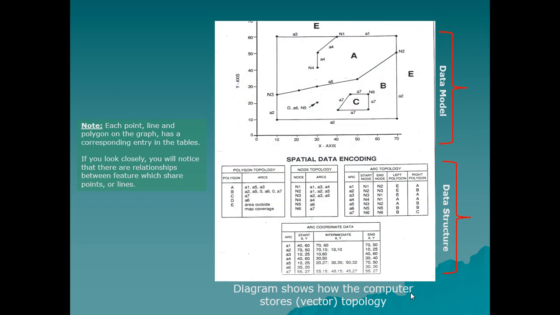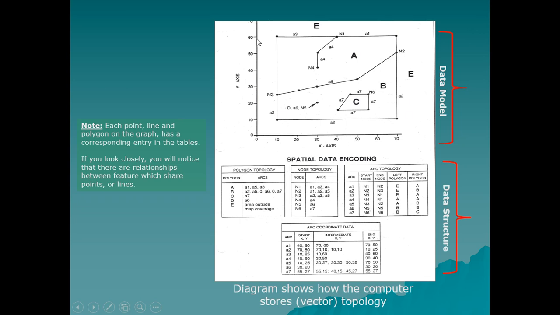So what might this look like on our computer now? Here at the top we have our data model. We have several features. We have lines such as A3, A1, A2, etc. A5 is this long line here. We have some polygons. This is polygon A, polygon B, C, and E represents the outside boundary.